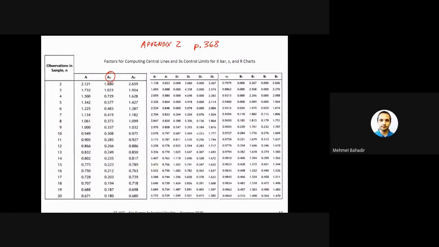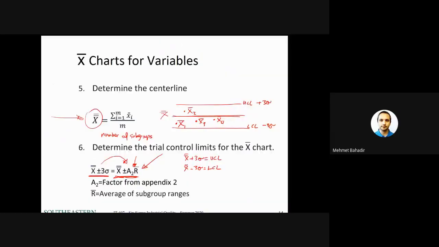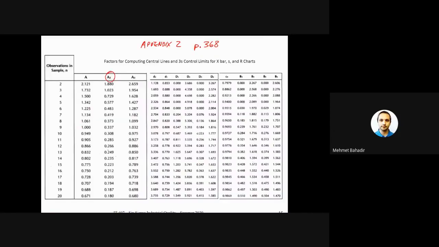One more point. How do we figure out which A2 value we are going to use in this formula? It depends on the subgroup or sample size, N. This is the sample size or subgroup size, so how many individual readings you make for each subgroup.